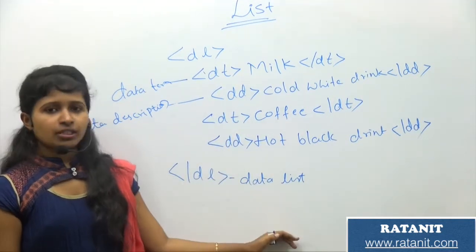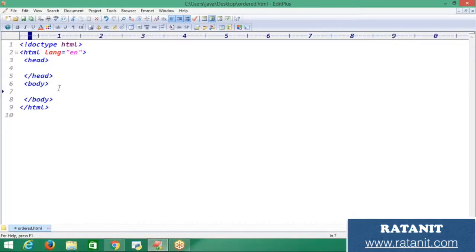Now we are going to see how the data list and data term work. For the data list we have a tag, that is DL, and we need to close this tag. Inside this data list we have data term and data description.